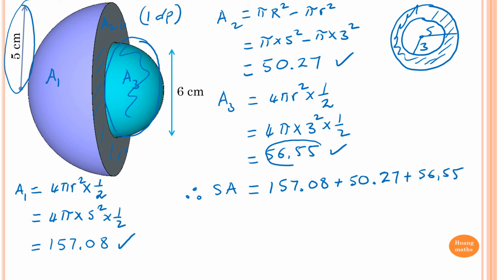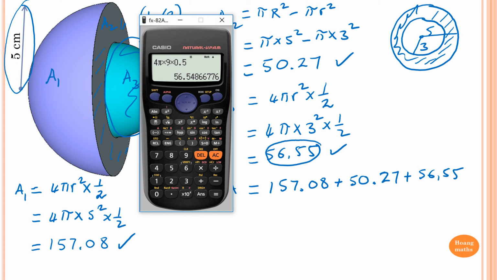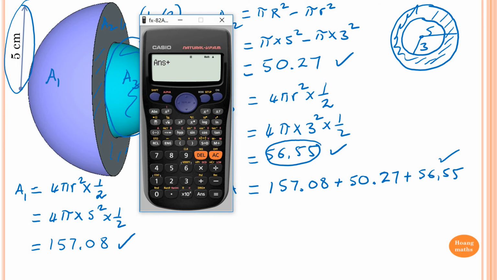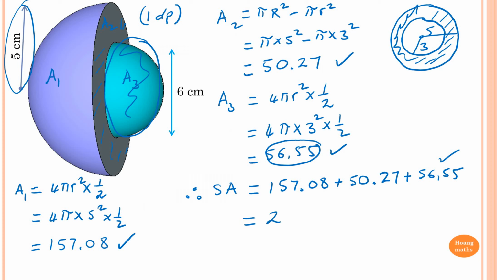And notice that the 56.55 is the last number we did. So I can just press answer, add, and I bring up alpha A, which is the first part, and add the second part, which is B. So the answer is 263.9, and the unit is centimeter squared.